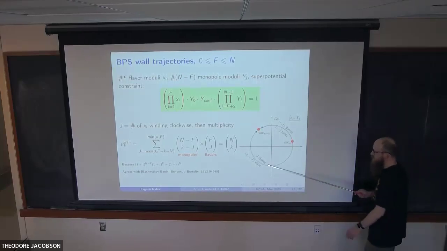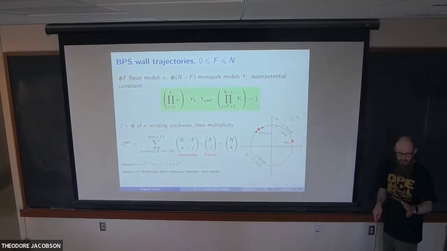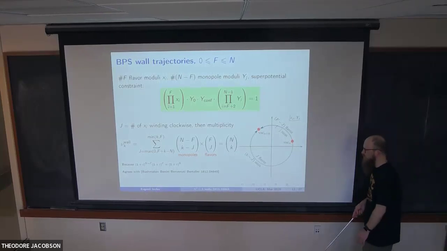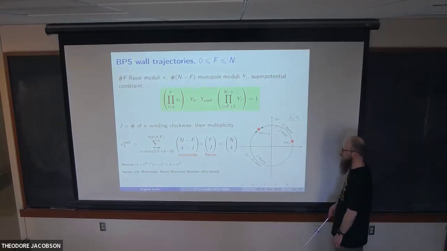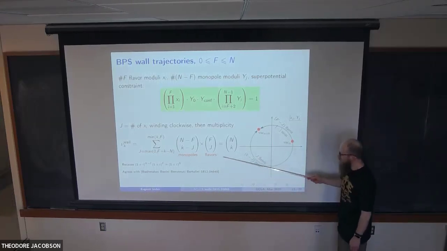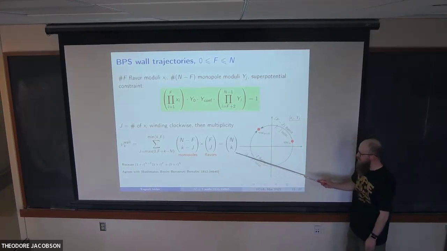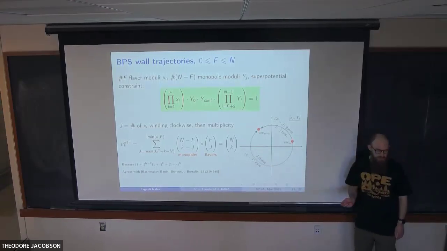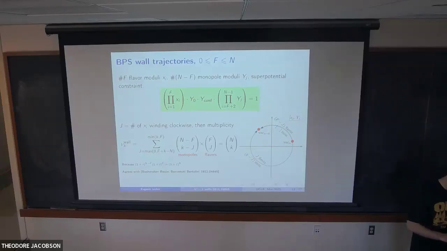It's a choice, and for every such choice, you have a certain number of possible domain walls, possible trajectories, and if you sum up, very fortunately, you still get the same answer for the domain wall multiplicity.